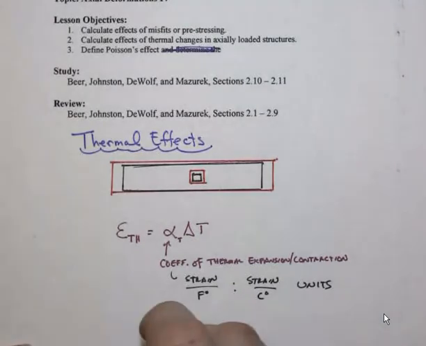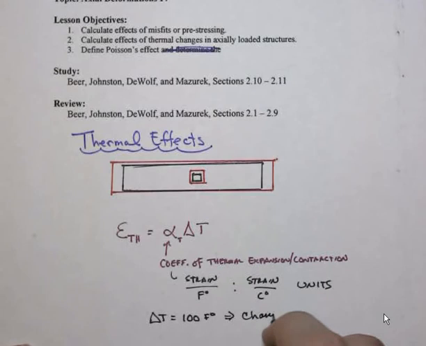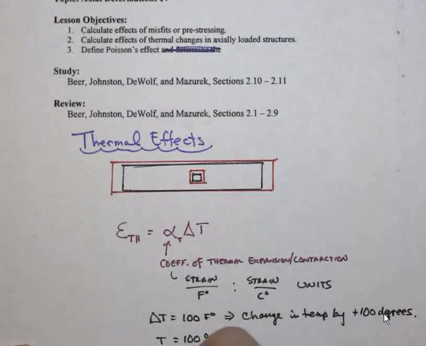For instance, delta T equal to 100 Fahrenheit degrees is a change in the temperature by, in this case, a plus 100 degrees in the Fahrenheit system, as opposed to a temperature of 100 degrees Fahrenheit, which is a specific temperature.